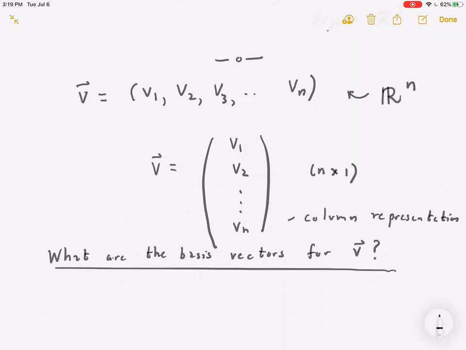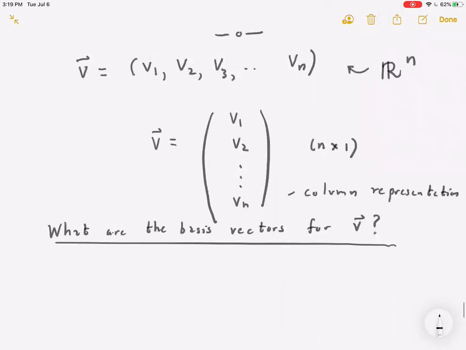So any vector has to have a set of basis vectors that generate or span it. Now you see there's a problem with our previous notation. There is a problem with just using i hat, j hat, and k hat, because as n gets bigger and bigger, I'm going to exceed the letters in the alphabet.